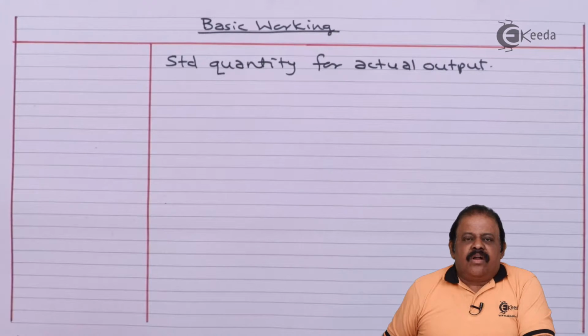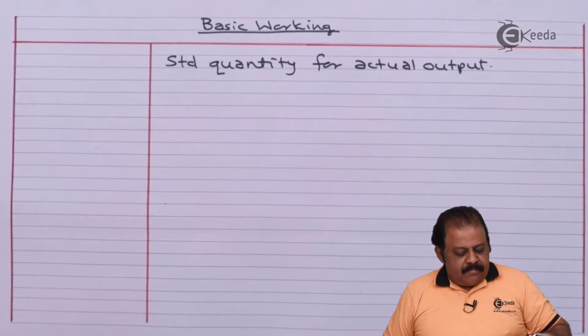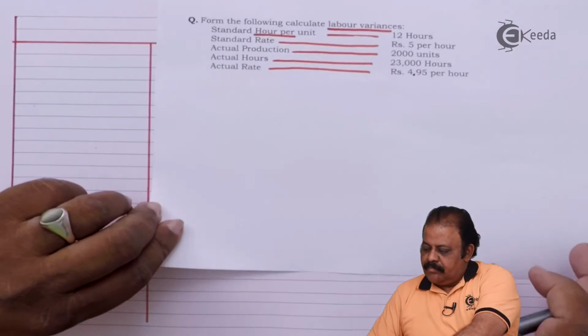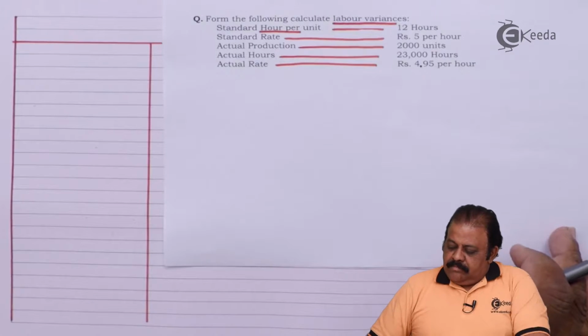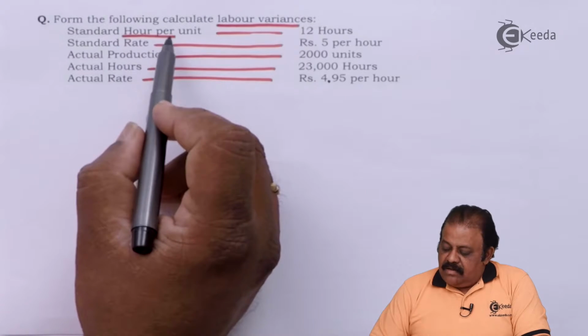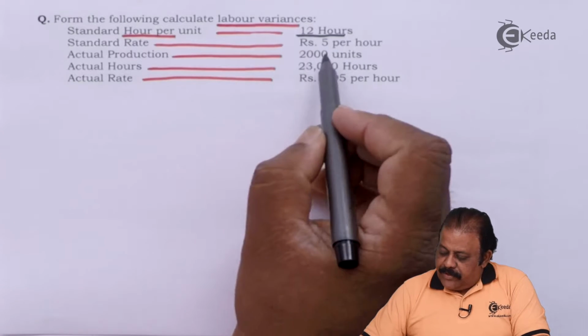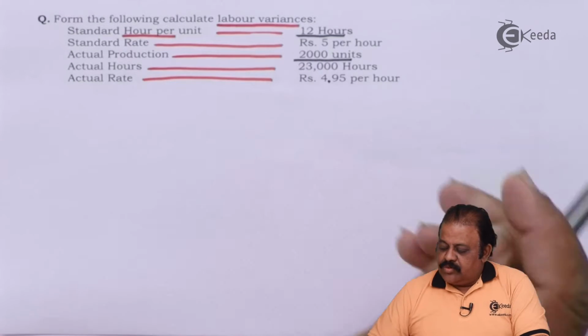Standard quantity for actual output. Standard hours per unit 12 hours. Actual production 2000 units.